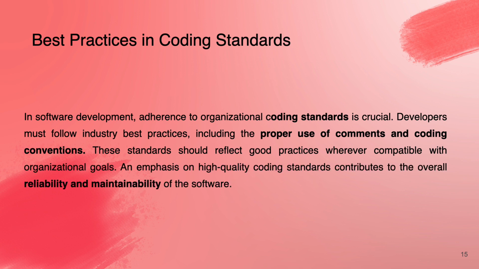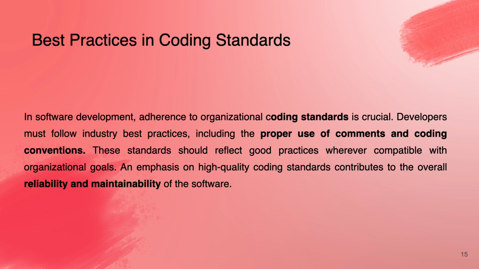Friends, adhering to the coding standards means following established guidelines for writing code, right? So this includes using industry best practices, proper commenting, and consistent coding conventions, right? As per the statement, software development adherence to the organizational coding standard is crucial, right?